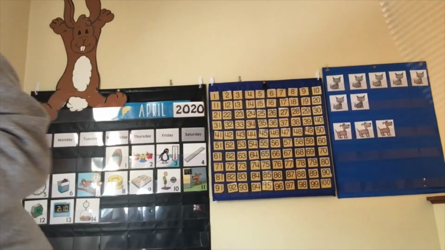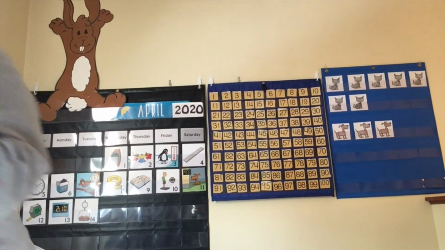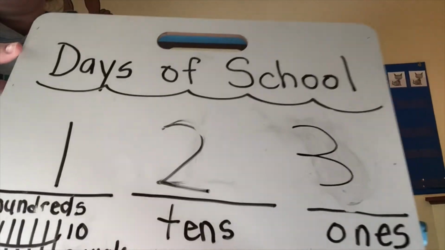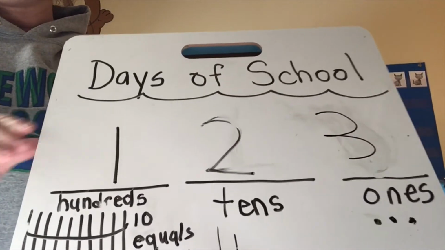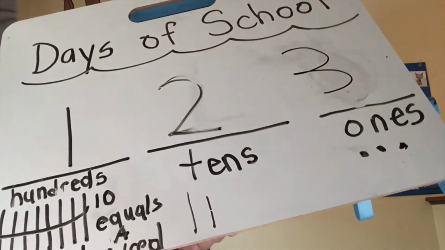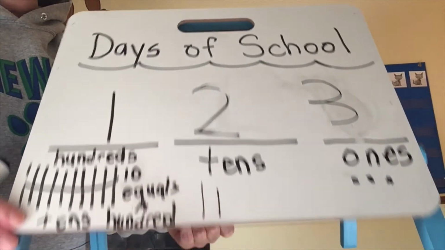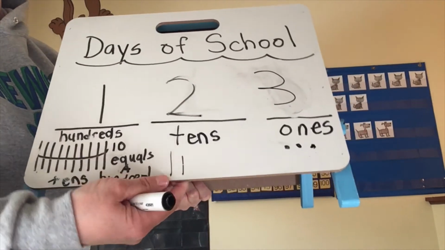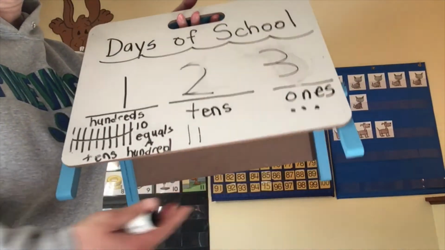All right, the next thing is how many days we've been in school. Yesterday I asked if I had made any mistakes, and some of the people said, oh yeah, you made a mistake. Well, they didn't catch the mistake that Mr. Sarrazin would not like.